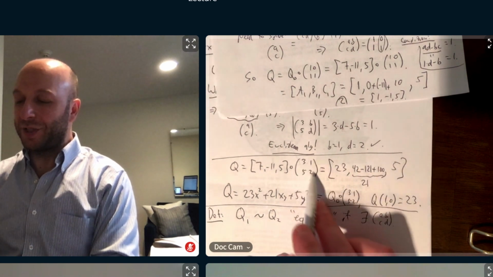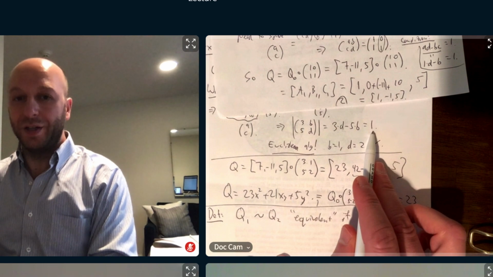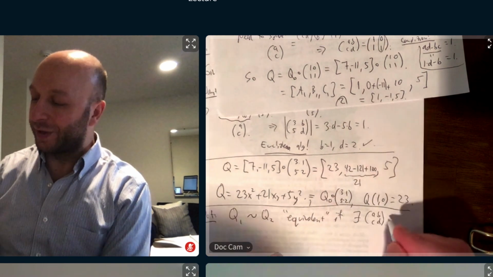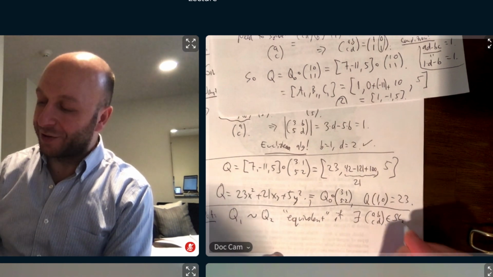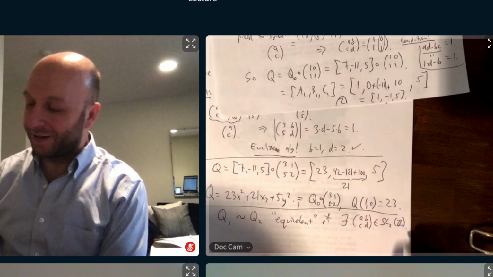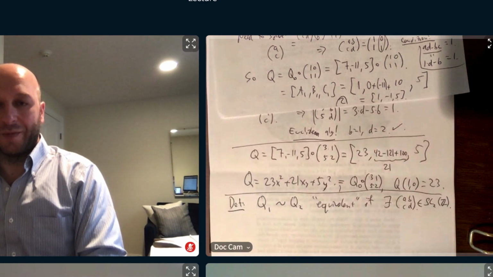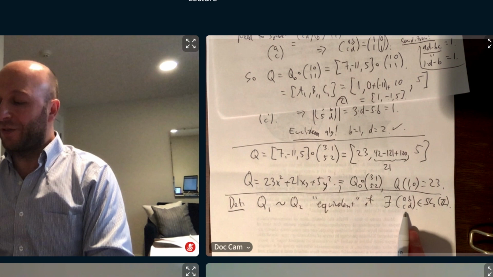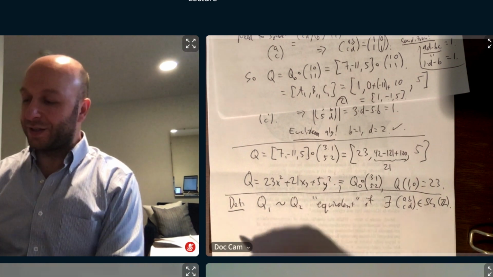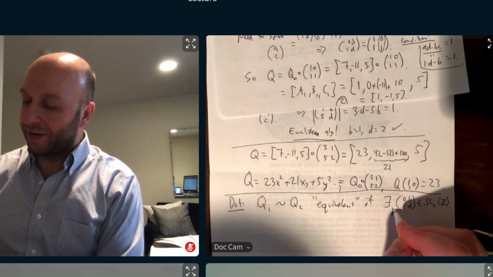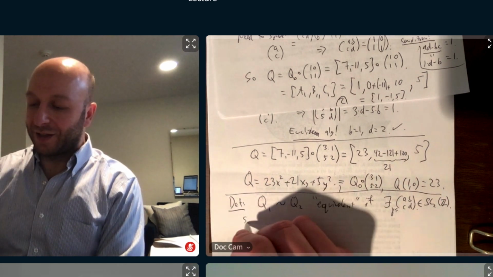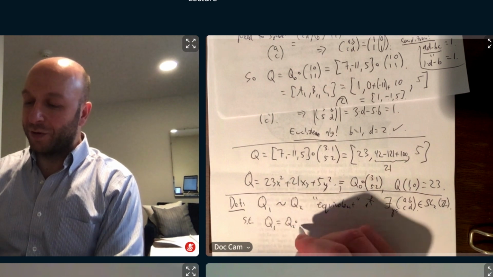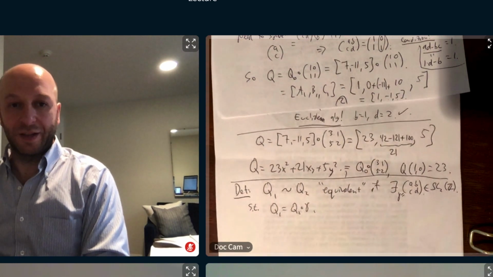All of the matrices that we've chosen, we chose them to have determinant 1. We could have just as well chosen determinant -1, and that would give us another equivalent form. But let's say determinant 1. So that's SL2Z, the determinant 1 matrices. So two forms are equivalent if there exists an ABCD, let's call this gamma, such that Q1 is Q2 composed with gamma.